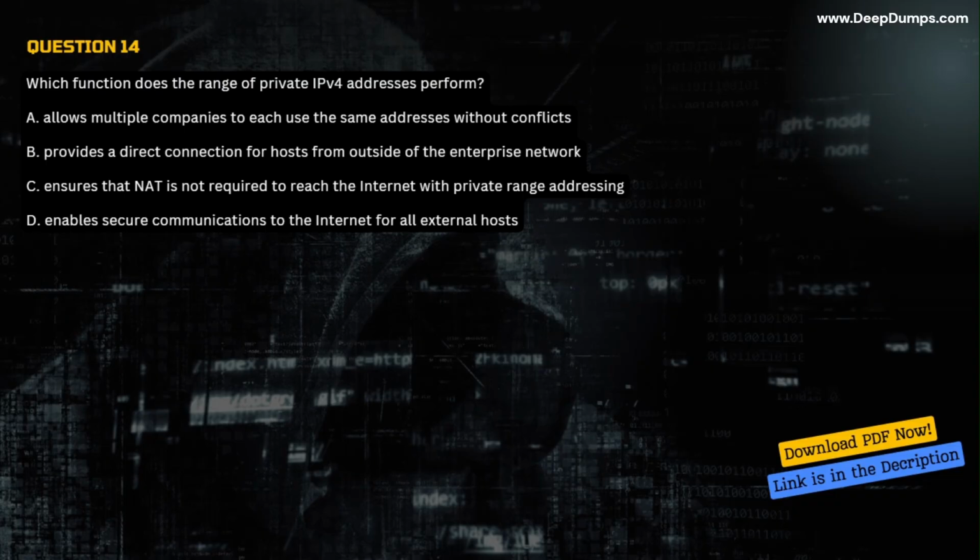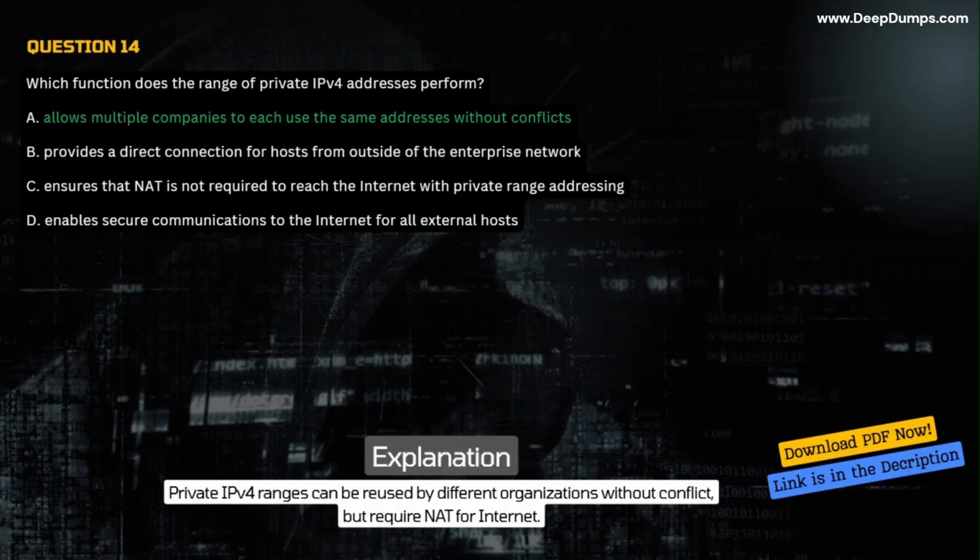D. Enables secure communications to the Internet for all external hosts. Correct answer A. Allows multiple companies to each use the same addresses without conflicts. Explanation. Private IPv4 ranges can be reused by different organizations without conflict, but require NAT for Internet.